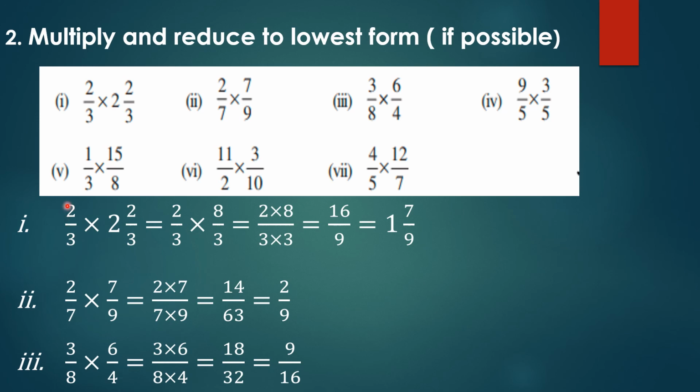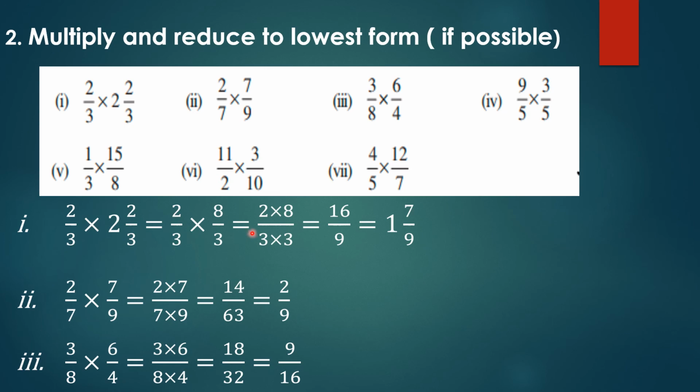Consider the first one, 2 by 3 into 2 and 2 by 3. Here we have a mixed fraction, so we have to convert the mixed fraction into an improper fraction. 3 twos are 6, 6 plus 2 is 8, therefore 8 by 3. So this will become 2 by 3 into 8 by 3.